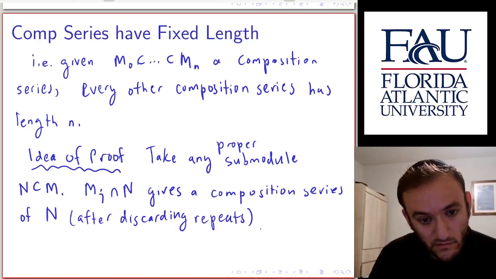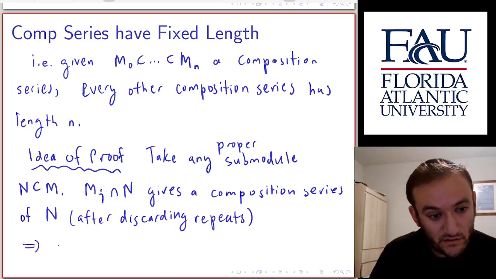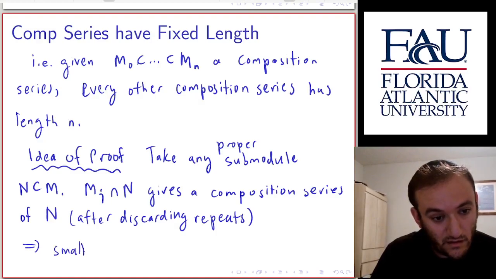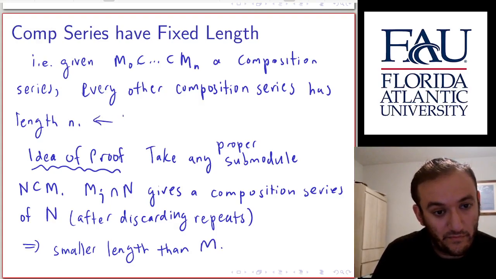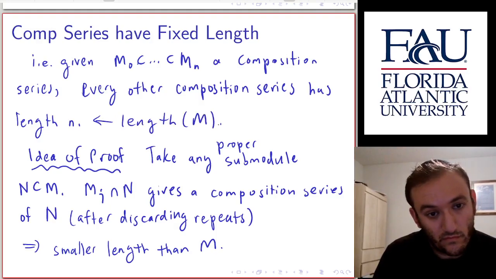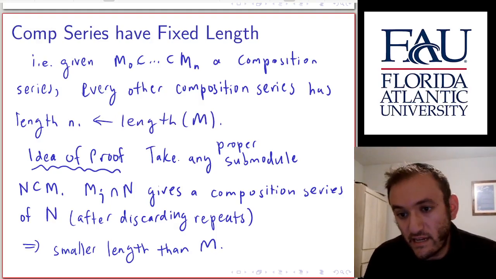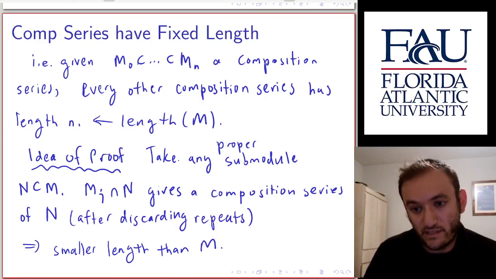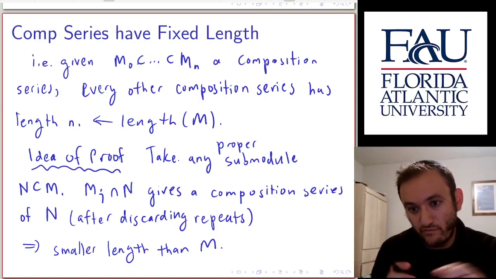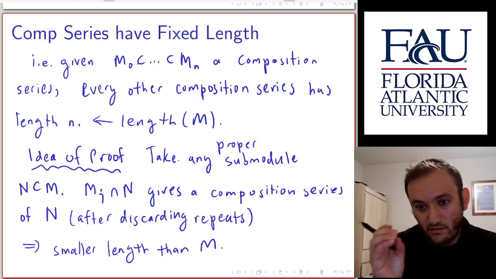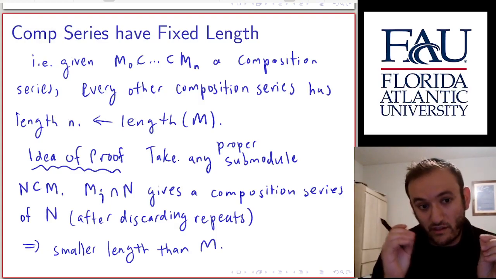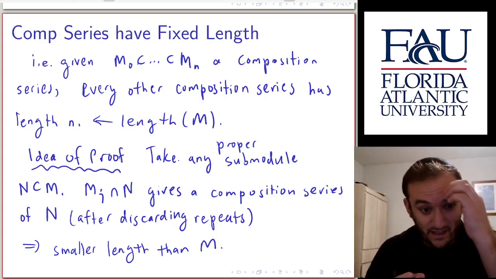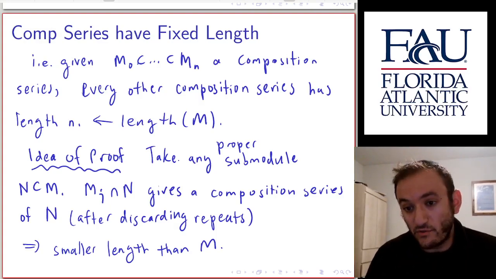So this will have smaller length than M, and let's call this the length of M. Since any submodule has smaller length than M, there's no way that you're going to get a longer chain reaching to M, because if it takes n to get up to a proper submodule, then you've just contradicted the idea that any submodule has this smaller length.